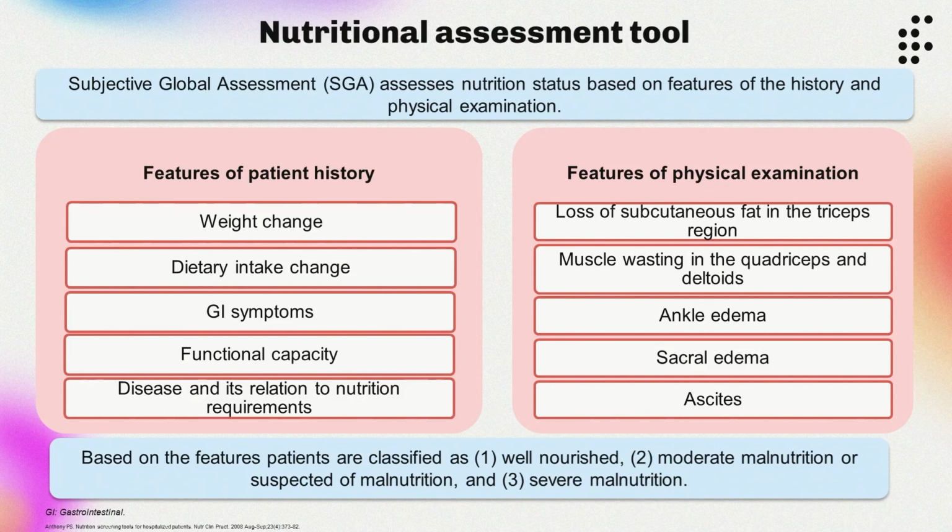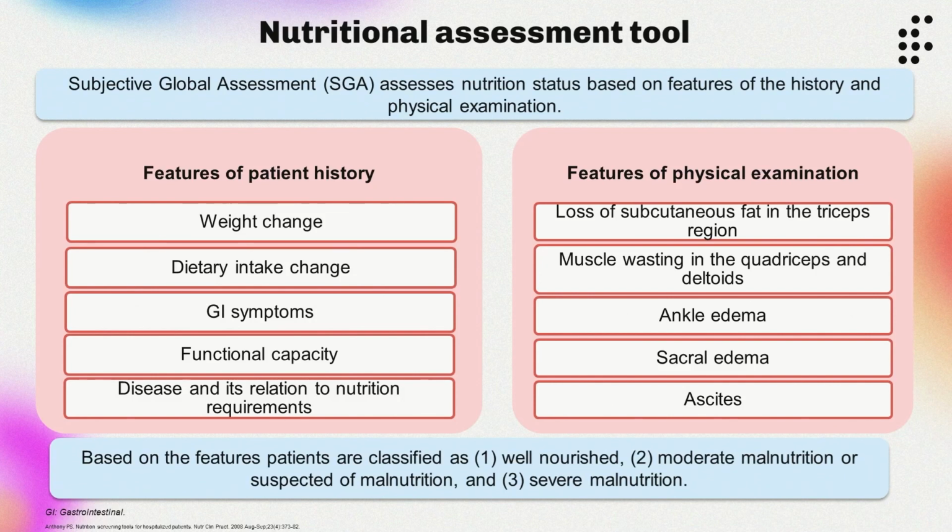Subjective global assessment, the SGA tool, is a more famous tool for Indian patients. How do we do it? We take the patient's history: weight change, dietary intake change, GI symptoms, functional capacity, and disease and its relation to nutritional requirements. In physical examination, we look for loss of subcutaneous fat in the triceps region, muscle wasting in the quadriceps and deltoids, ankle edema, sacral edema, and ascites.